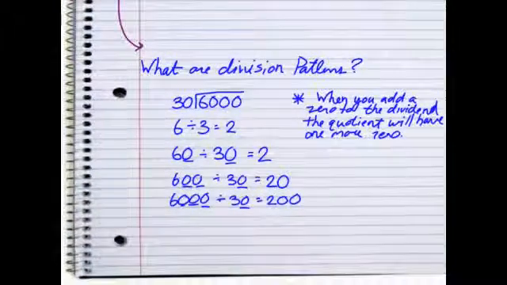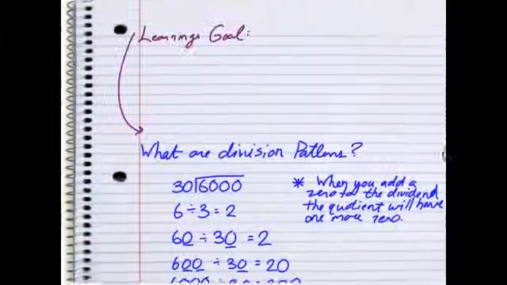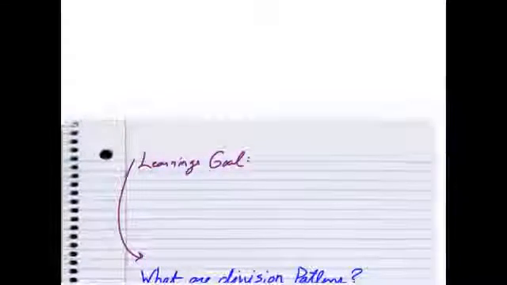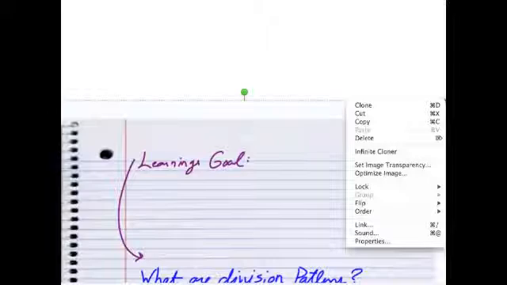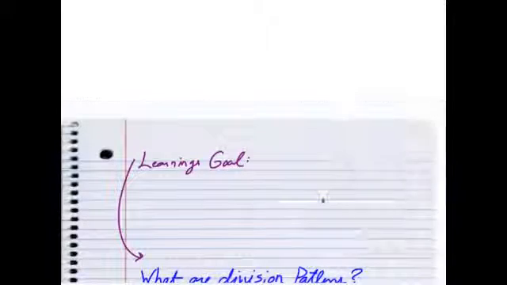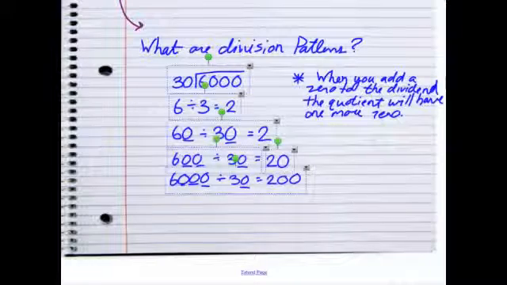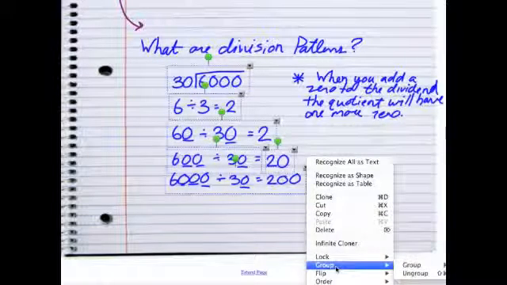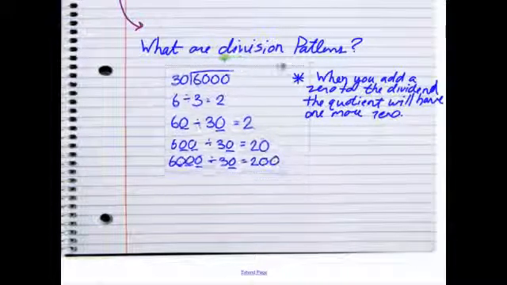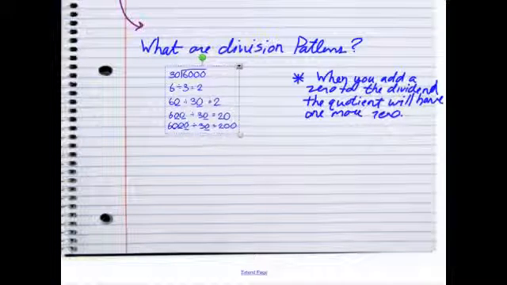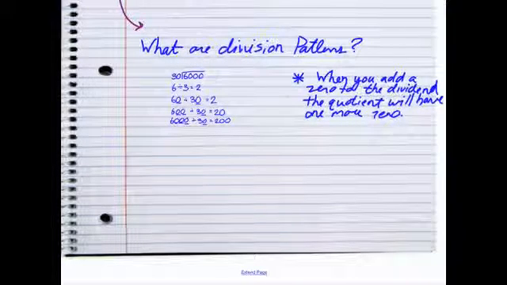As the zeros in the dividends increase, the 0 in your quotient will also increase, right? So let's just shrink that down a little bit. You should have plenty of room on your paper, but I'm not writing as small as my notebook lines. Let's do one more example like that.